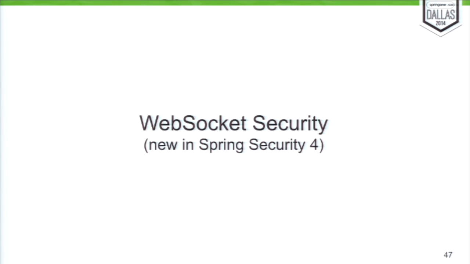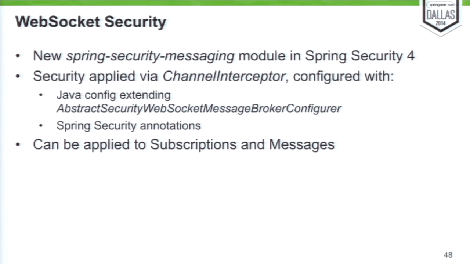So Spring Security 4 is going to introduce the WebSocket security. It's not final yet, just the first support, so what you're going to see here may change. But Spring Security 4 will add some interceptors to both the inbound channel and the outbound channel. Basically, these interceptors will do the security at the message level.